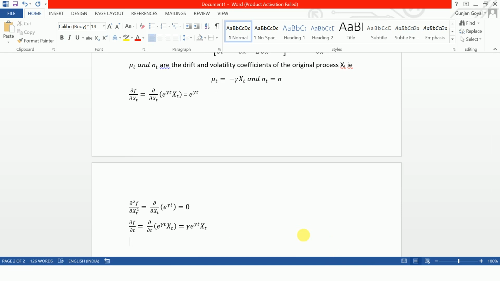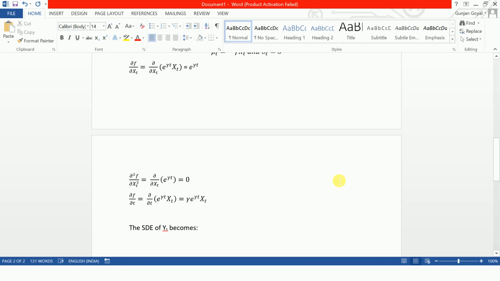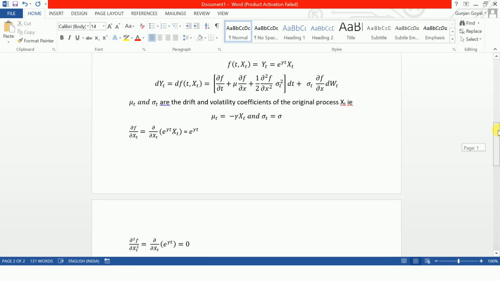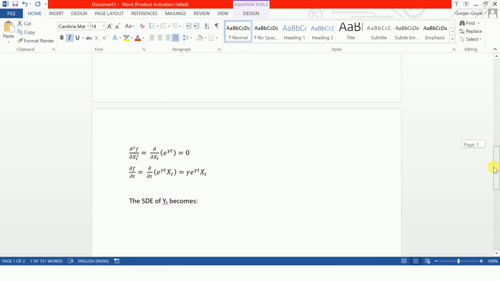So therefore the SDE of Yt becomes, now we'll just insert it in the equation which we had written above. Since we have got all the values of our model, I'll just copy this part, dYt and df(t, xt).